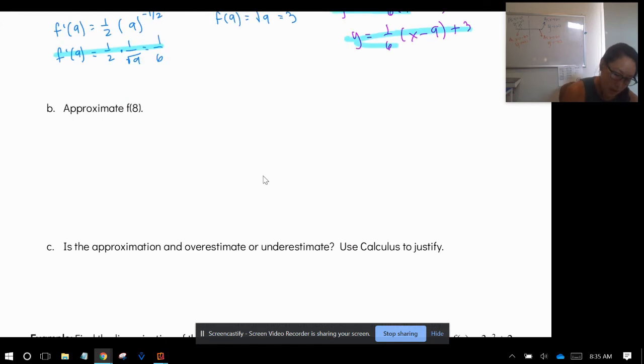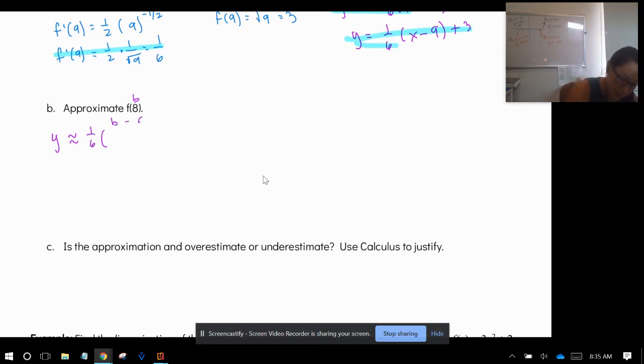Okay, now we need to approximate f of 8. 8 is pretty close to 9. Okay, so we're going to call that b. So y is about equal to 1/6 times b minus a.